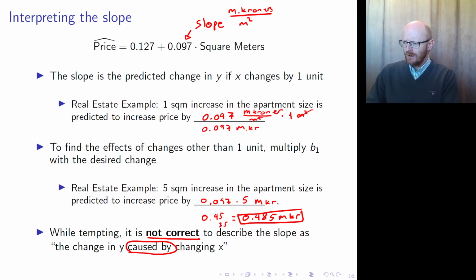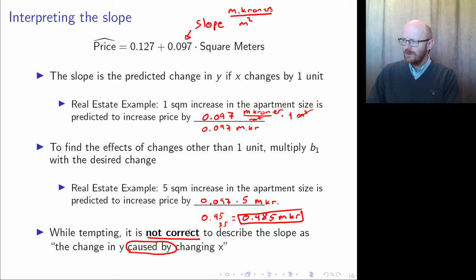Okay, so for example, if you have an apartment, you can't just add 5 square meters to your apartment. That would often be quite difficult. And this regression doesn't give you causality, okay?